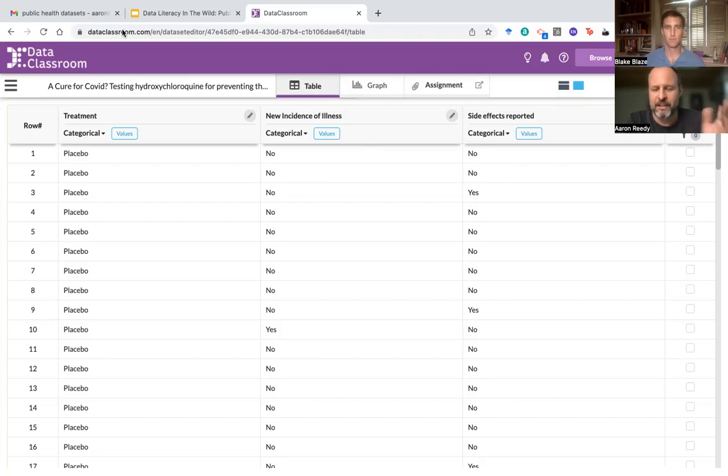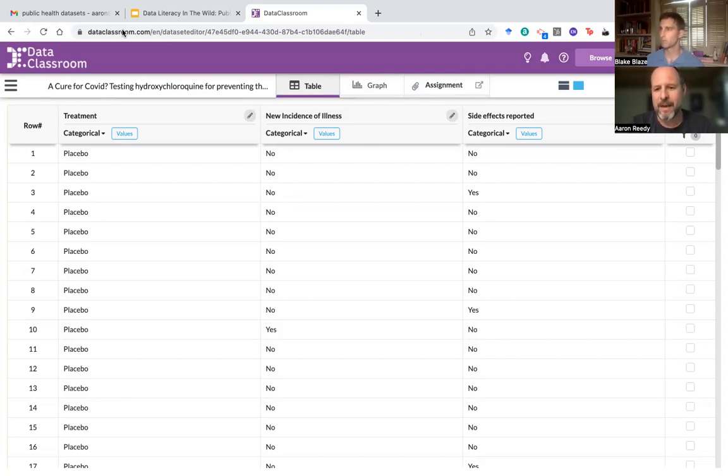Blake has put the link to this in the chat, so if you are in front of a computer, and care to open up the data set, you can. We can see, for each patient, what was their treatment: did they get placebo or hydroxychloroquine following their exposure to COVID? Did they contract the illness after they were exposed?